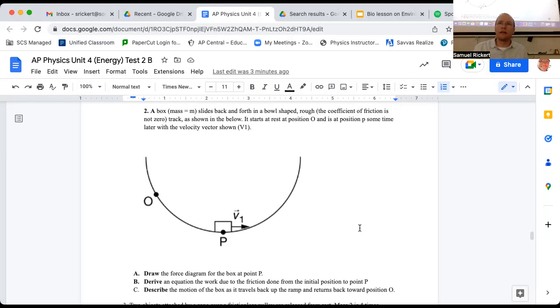Then C, did I mark anyone wrong for C? Everyone should have got at least half a point. So as long as you said there's friction and we're going back and forth, I didn't give you any grade, Brittany. You earned your grade. I heard he gave me 0.